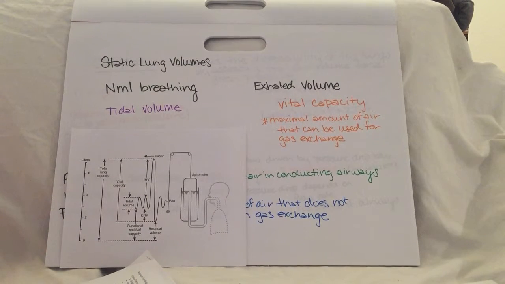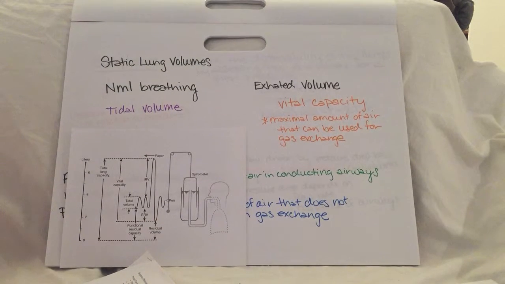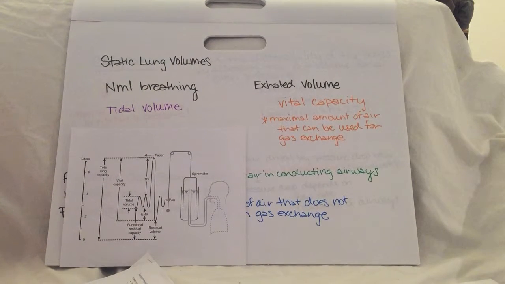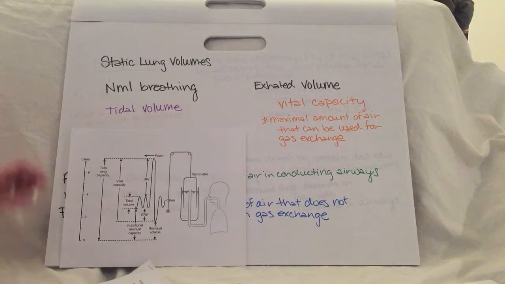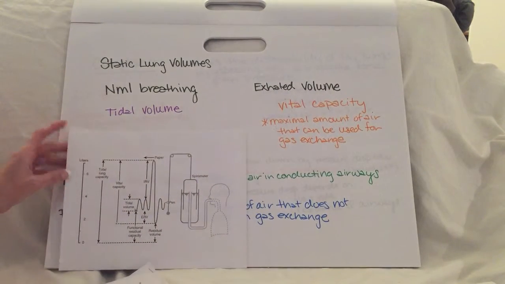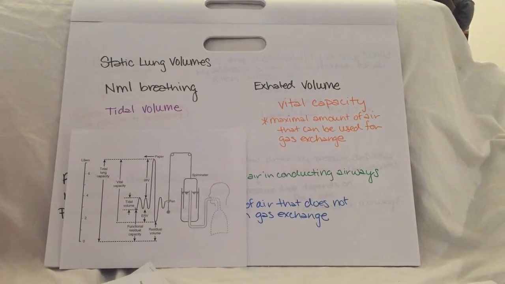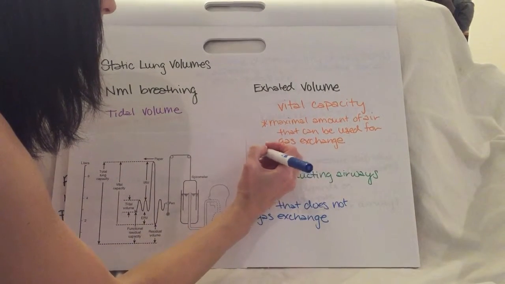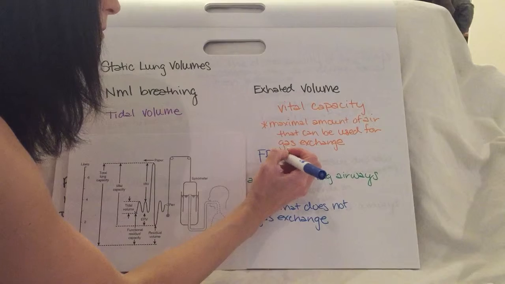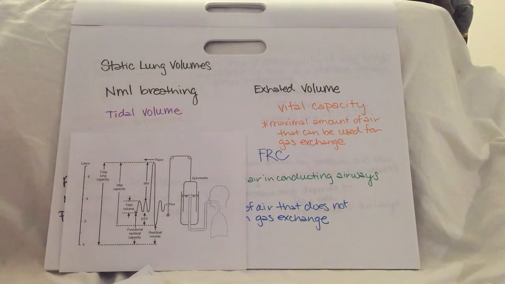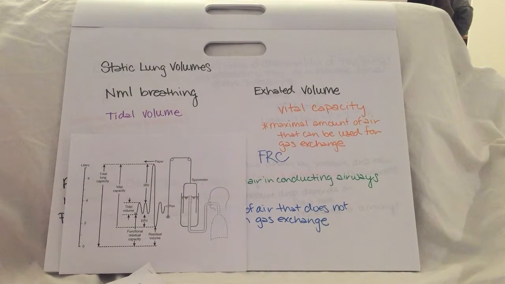One of the most important values in our capacities that needs to be considered for physiology is the functional residual capacity, or the FRC. The functional residual capacity is the volume of gas in the lung after normal expiration.